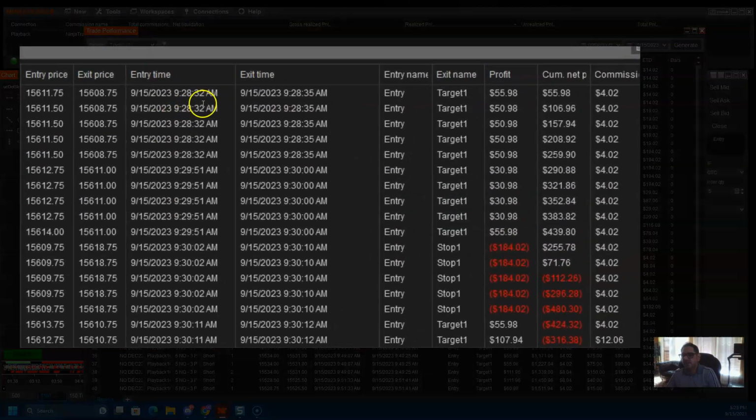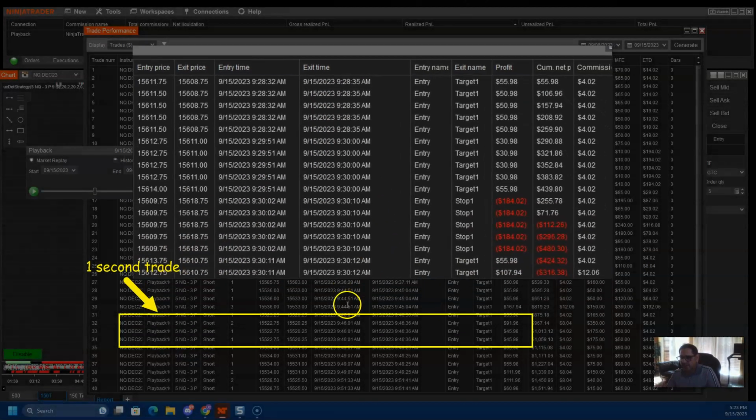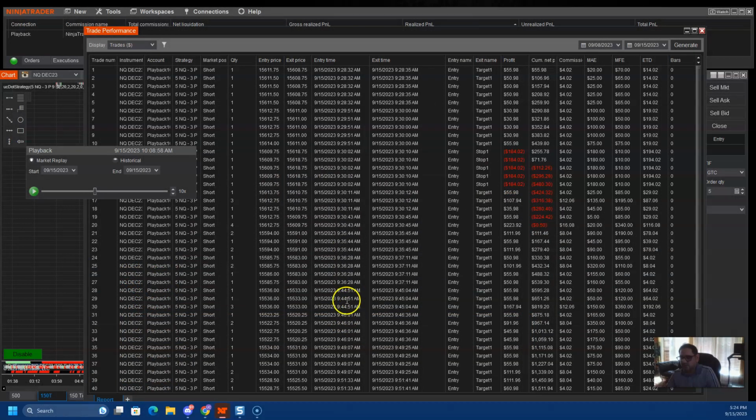You're getting in at 32, out at 35. That's a 3-second trade. There's no way your mind will be able to comprehend what's going on, let alone pressing the button to trade. For this one, 44.51, 45.04, you're out. By the time you're digesting your profit, it's taking another trade, 46.01, and you're out in 20 seconds.